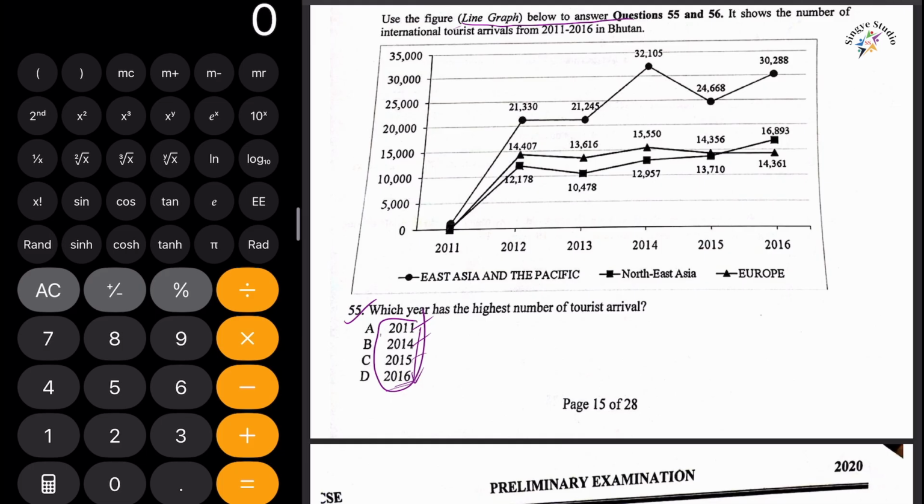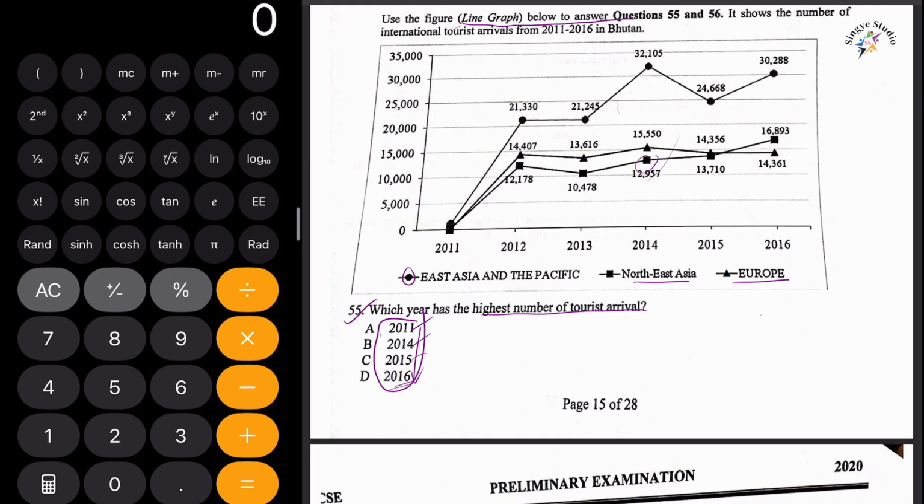So which year has the highest number of tourist arrivals? If you look carefully, this line is for East Asia and the Pacific, tourists arriving from these countries. Then this rectangle one is Northeast Asia, and this triangle one is from Europe. You can see the increasing trend of tourist arrivals every year for a few years, and then some are decreasing.